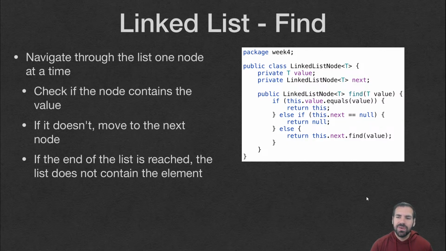So that's the functionality we want. Give me the reference to the first node that stores this value, or null if it's not in the list. And this is pretty common with linked lists, that we want to return a reference to the node containing something. If we're looking for a specific node or a specific value, we usually want a reference to the node that has whatever we're looking for, because we need a reference to that node if we want to manipulate the list at all.